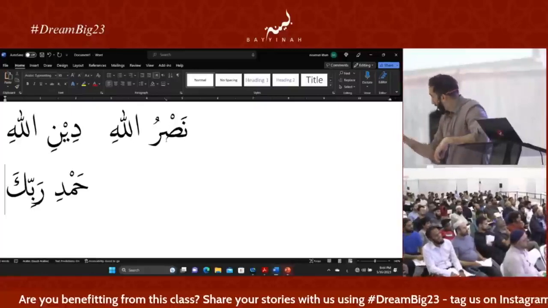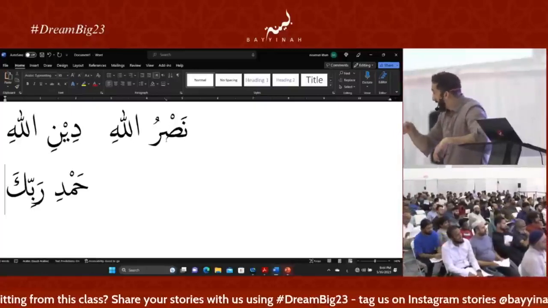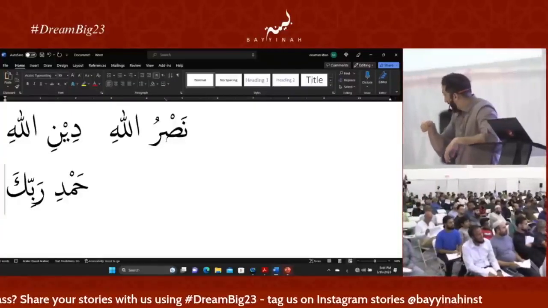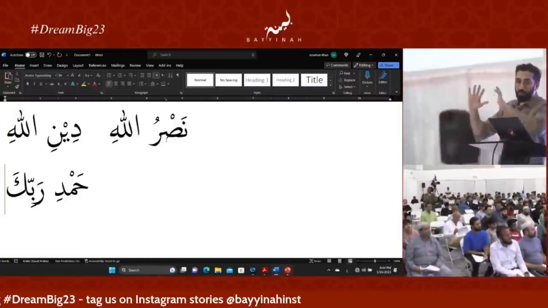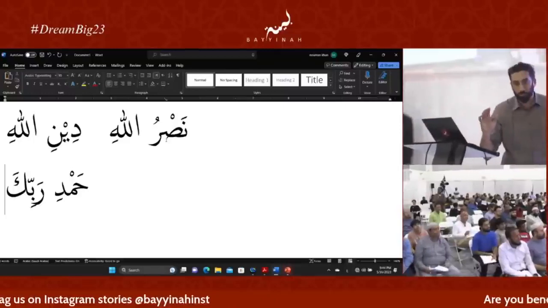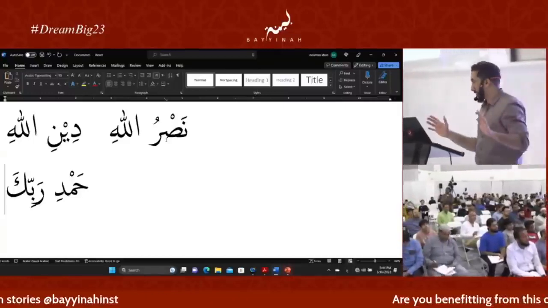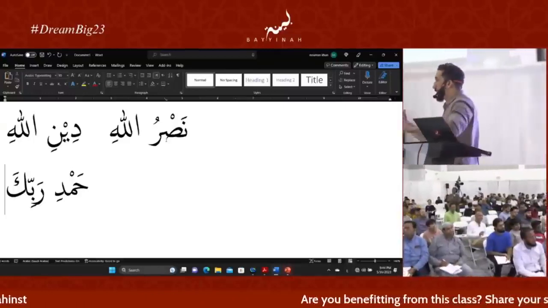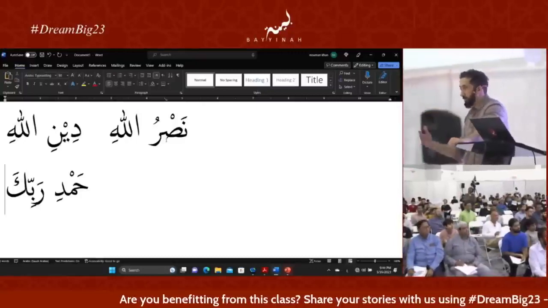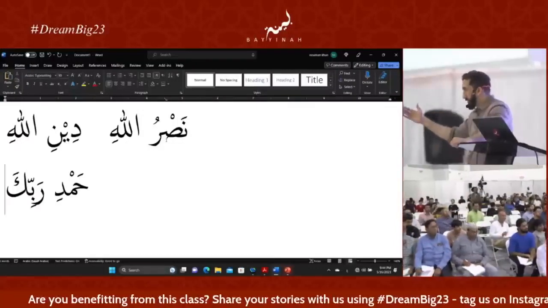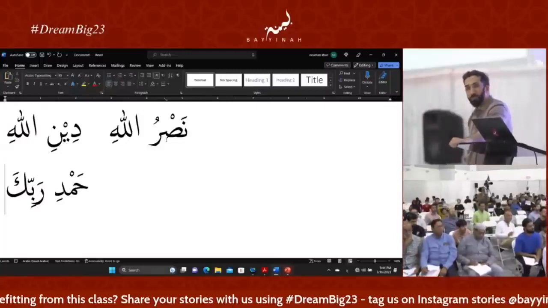Light no al. And ka, does that look like a mudaf ilayh? So there's two ofs. If hamd means praise, oversimplifying, and Rabb means master and ka means you, what does hamdi rabbika mean? The praise of your master.